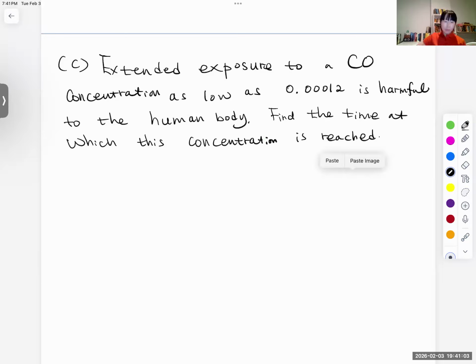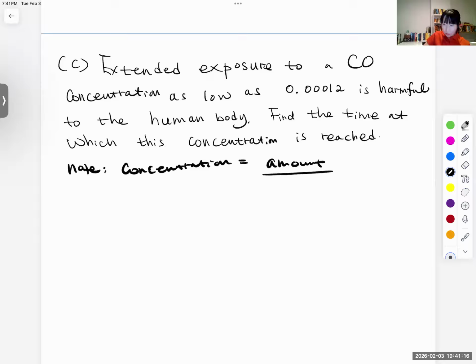Okay, so concentration is the amount over volume.